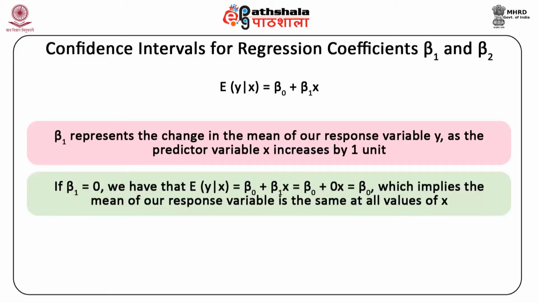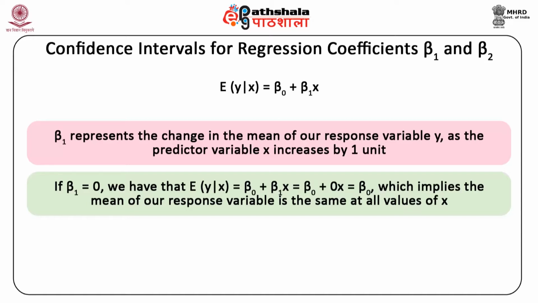Note that if beta 1 is equal to 0, we have that the expected value of y given x is equal to beta 0 plus 0 into x, and hence is equal to beta 0, which implies the mean of our response variable is the same at all values of x.